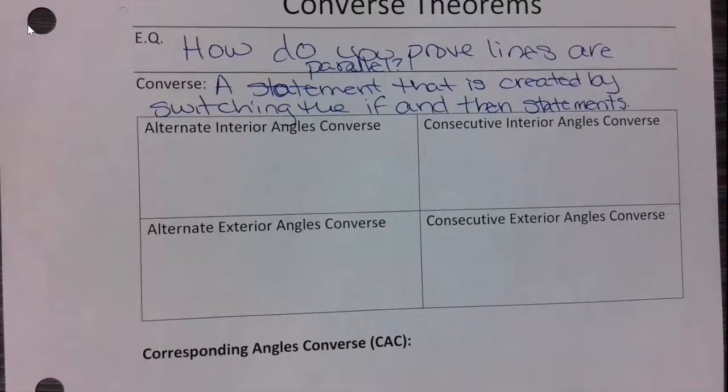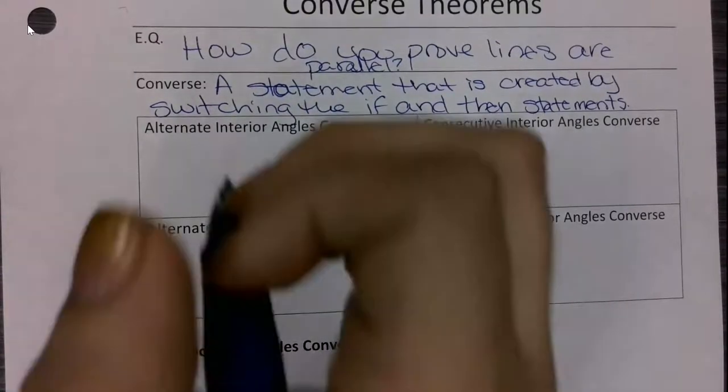Okay. So the alternate interior angles converse is if alternate interior angles are congruent, then the lines are parallel.